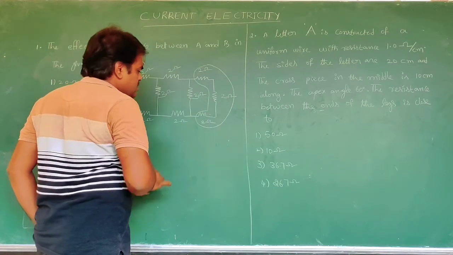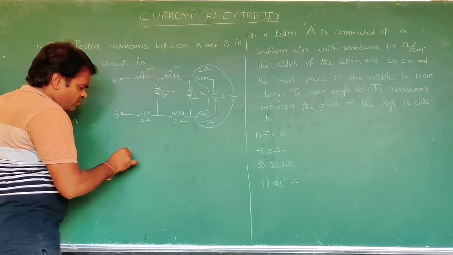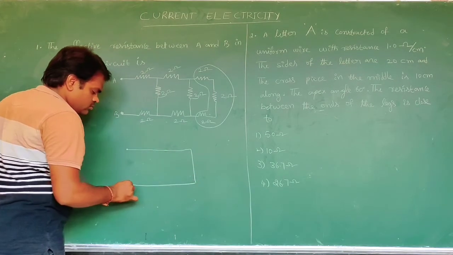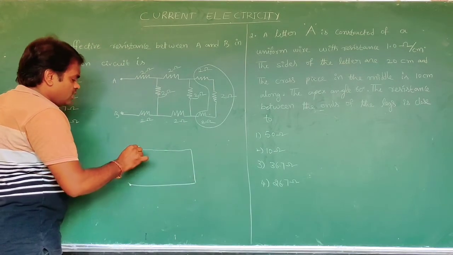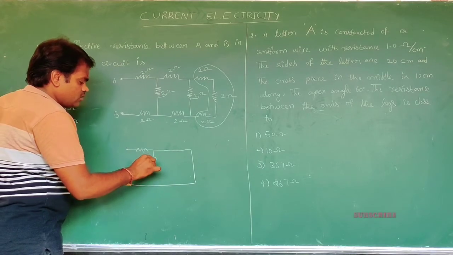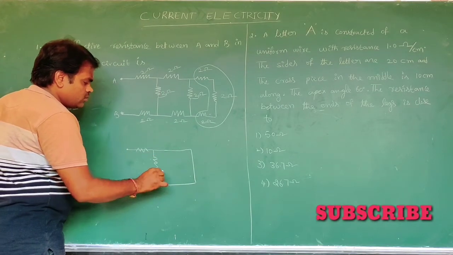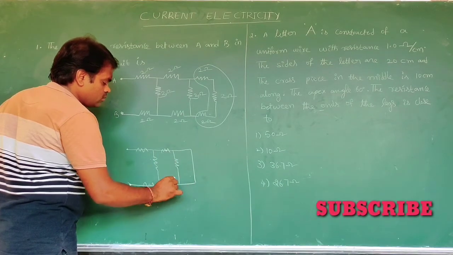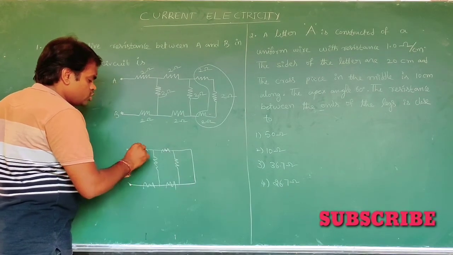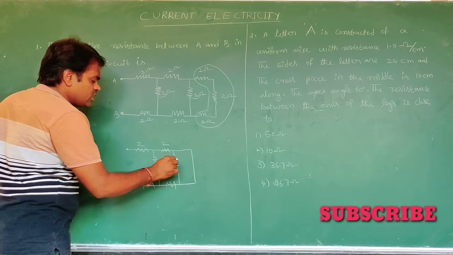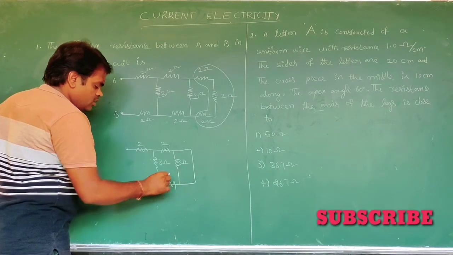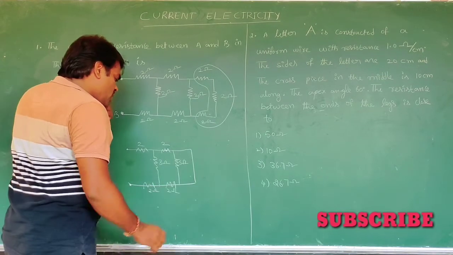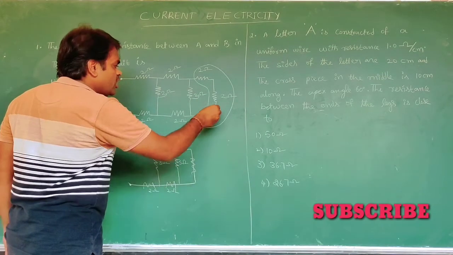That's why we can modify these like 2, 2, 3 ohms here, 3 ohms, here 2 ohms and 2 ohms. Now what we got is total 6 ohms.